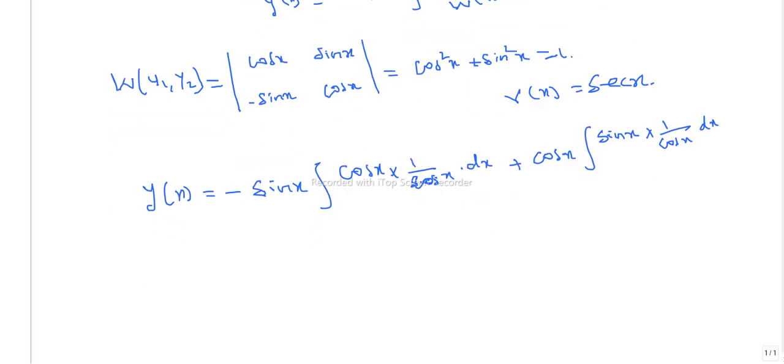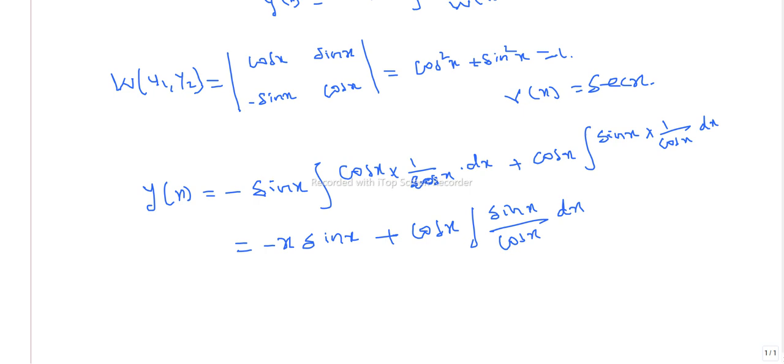Now we can cancel cos x in the first term, we get just integral dx, which is x. Therefore this is minus x sin x plus cos x into integral of tan x, or simply sin x by cos x dx.